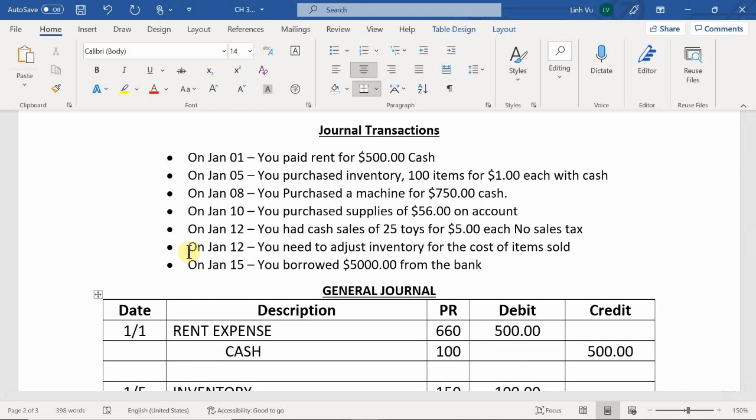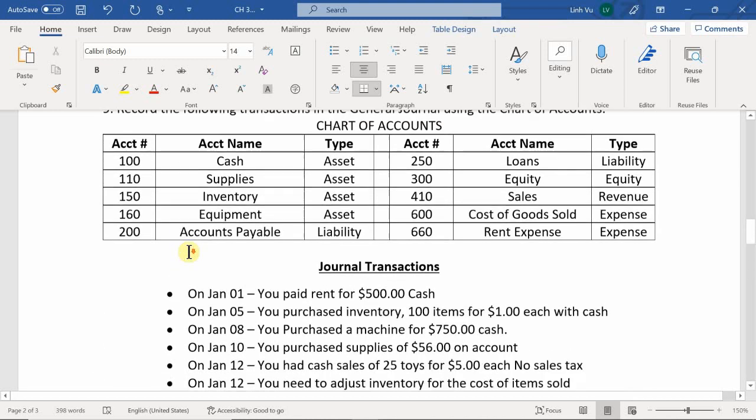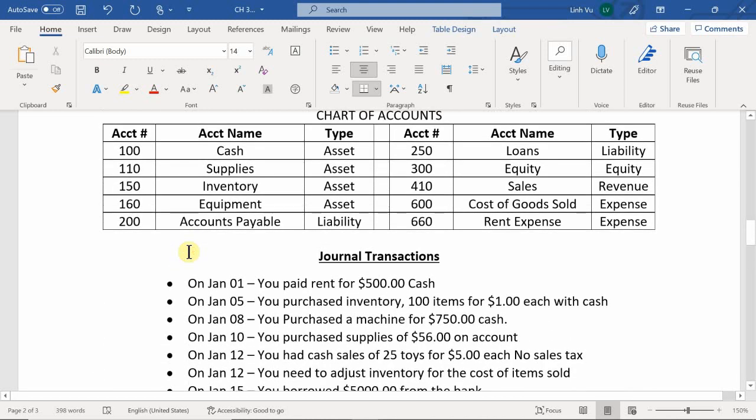So then on January 12th, I had cash sales of 25 toys for $5 each, no sales tax. So therefore, I sold 25 toys for $5 each. So in this case, what happened here? I had cash sales, selling 25 toys at $5 each. 410, right?